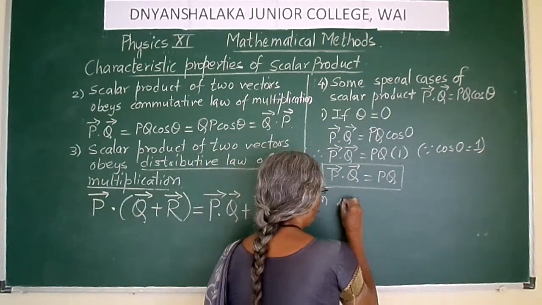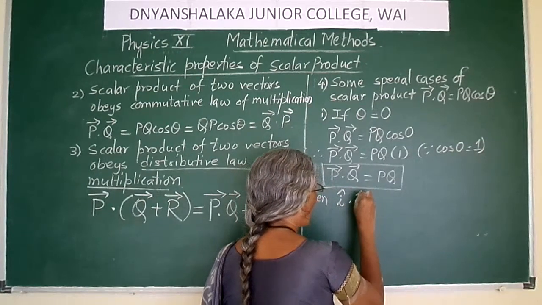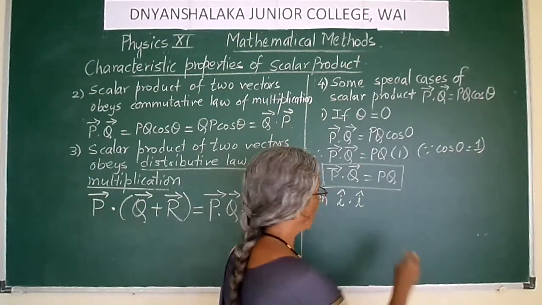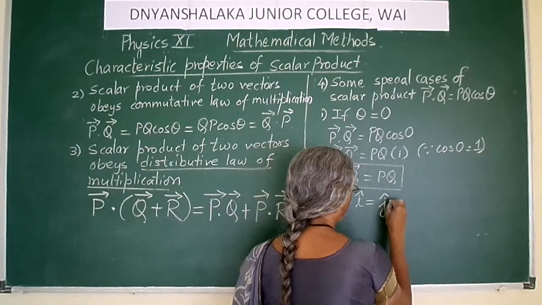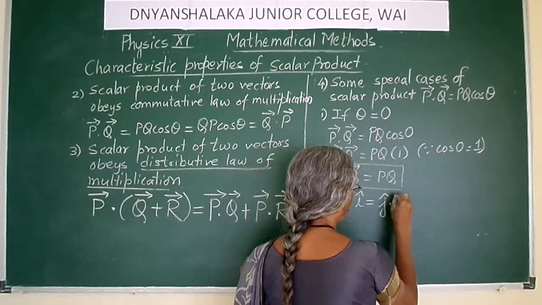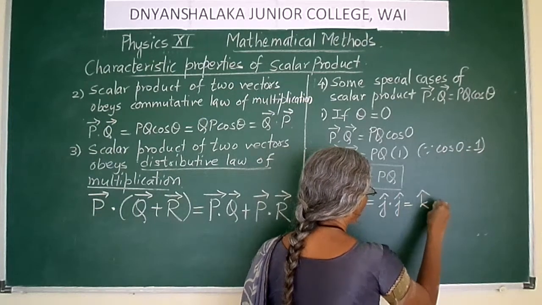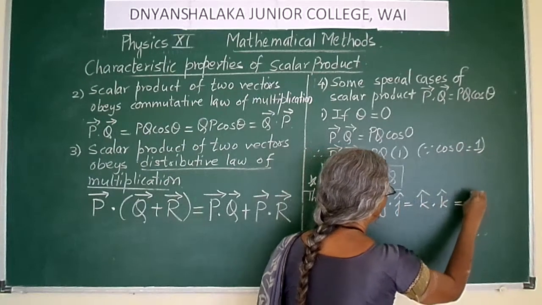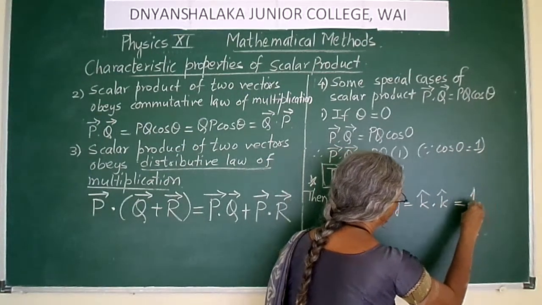So, n cap vector i dot n cap vector i equals n cap vector j dot n cap vector j equals n cap vector k dot n cap vector k, and this product is always equal to 1.